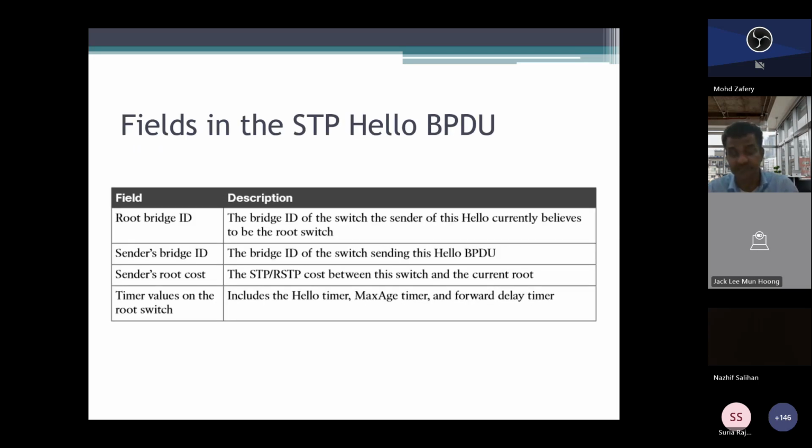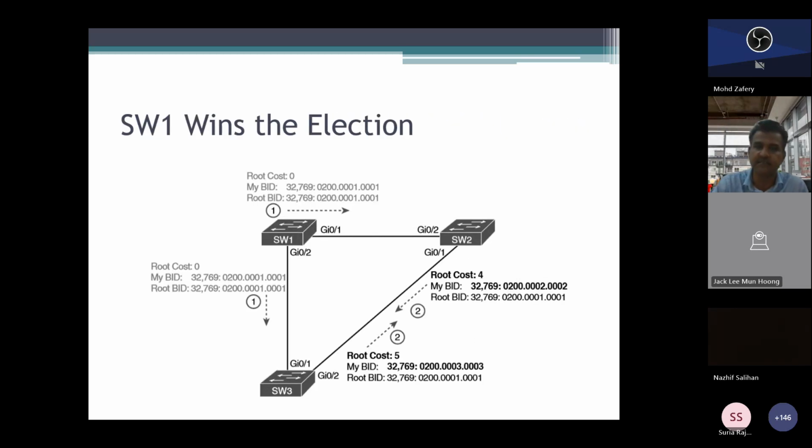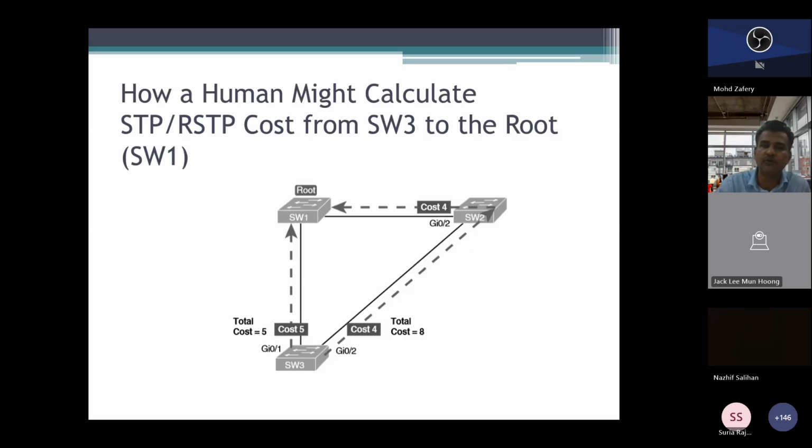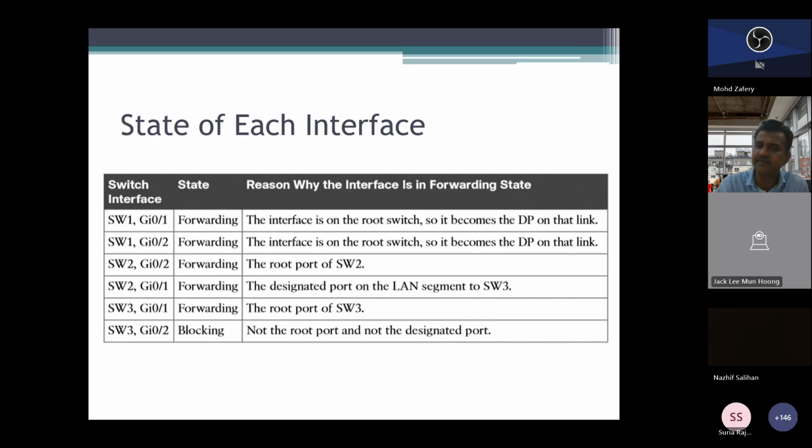There is actually a big science behind this. We call this a calculation based on the root bridge ID, sender root cost, timer values, all these extras, which we will learn later on in CCNA in detail. Okay, so now I just want you to understand something is happening, and that's going to make some behavior in the environment to make a particular port forwarding, particular port blocking.